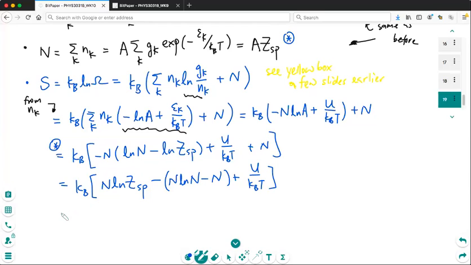Okay, so plug in the formula. Sorry, expand this. I have n kb and log. Okay, plus the definition of u. This u from up there, I have the expression of u, which is n kbt partial derivative.